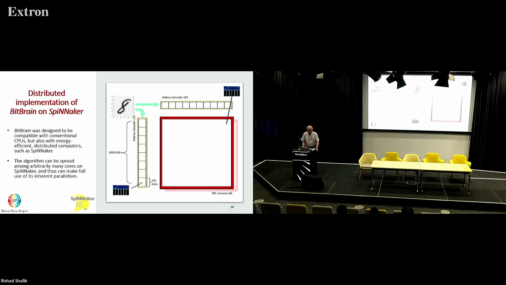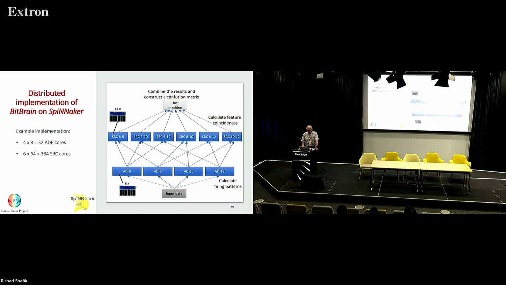What we did here was a distributed implementation of BitBrain on Spinnaker using the parallelism of the machine and effectively allocating processor cores to small groups of ADEs within an address decoder and small subsets of the SBC memory, and trying to get the distribution to optimize the parallelism of the implementation.